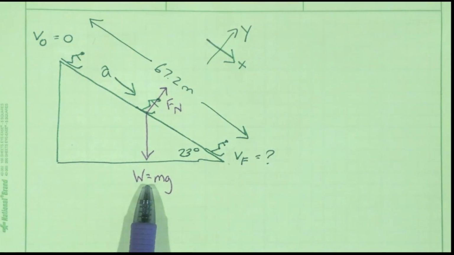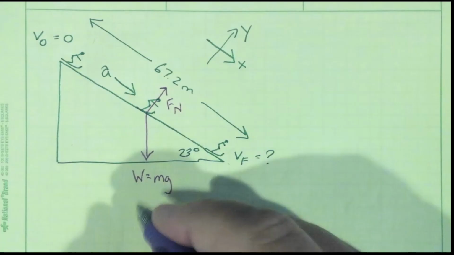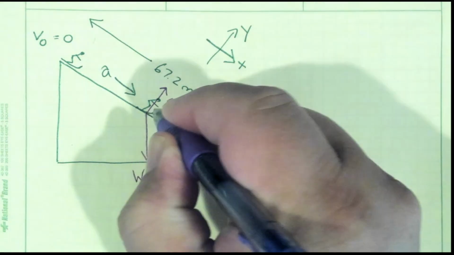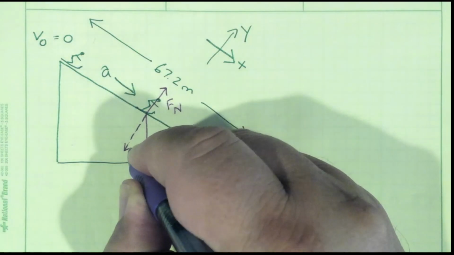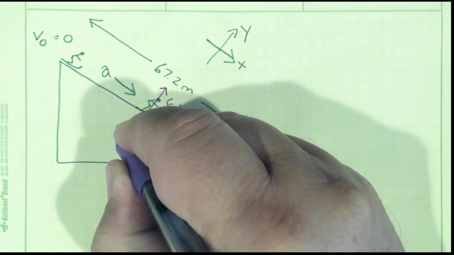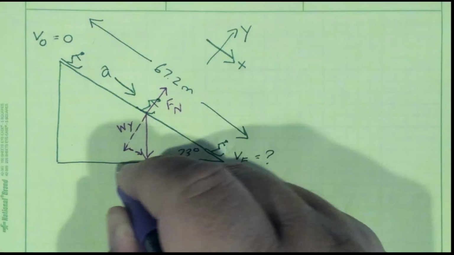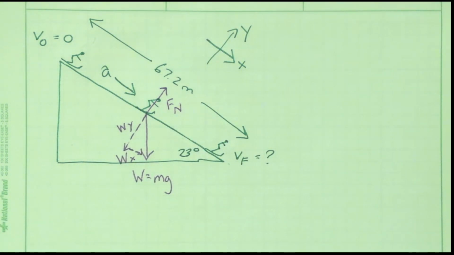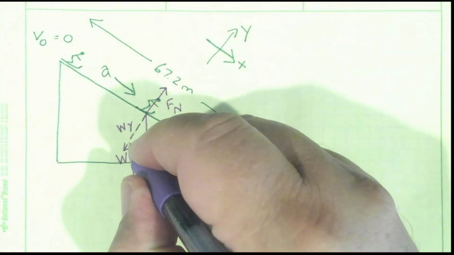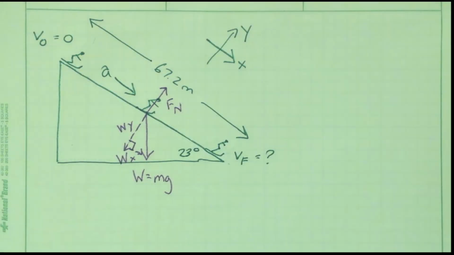But we do need to break up the weight force, because with this Cartesian coordinate system, we have two components of the weight force. Let's call them WY and WX. Now, of course, WY and WX are perpendicular to each other.